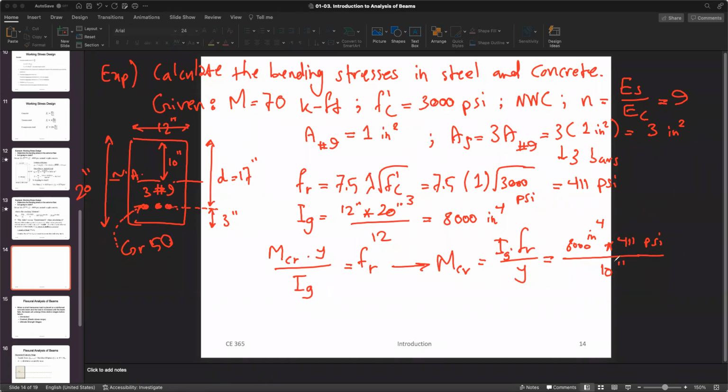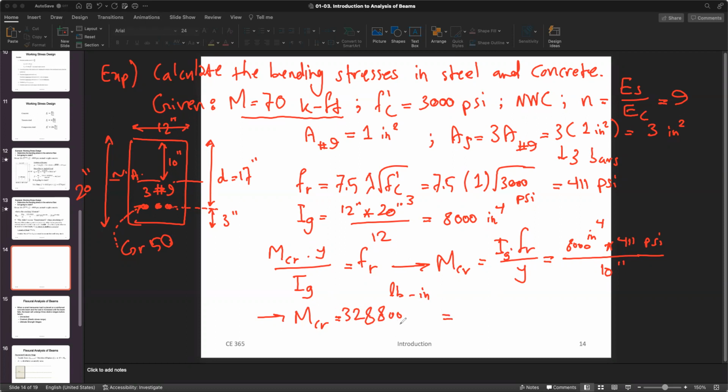So this answer, as you can see, is going to be in terms of pound-inch, because that's what you have used, pounds and inches as the unit of length. But what you want to compare eventually is the 70 kip-foot value, right? Okay. So let's just go step by step. 8,000 times 411 over 10 would be 328,800 pound-inch.